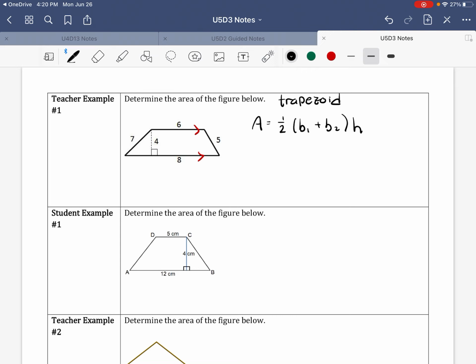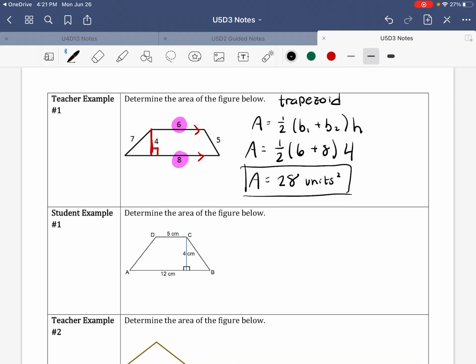Now we know that our base 1 and base 2 coincide with our parallel sides. So we know that b1 and b2 have to be 6 and 8. And we know that the height must be perpendicular to our base. Therefore, our height must be 4. So if we put that through the calculator, you'll get the area to equal 28 units squared. Go ahead and try student example number 1 on your own.